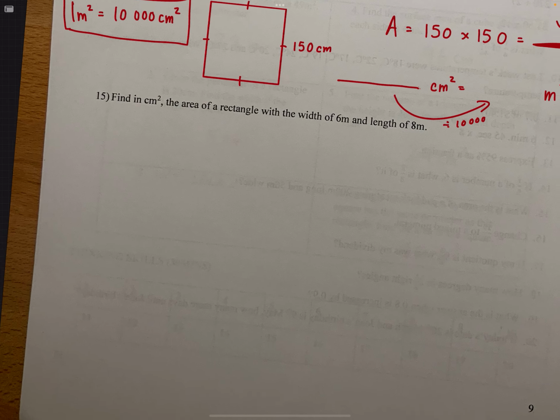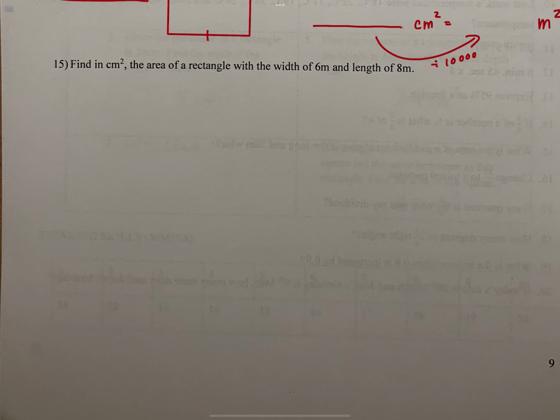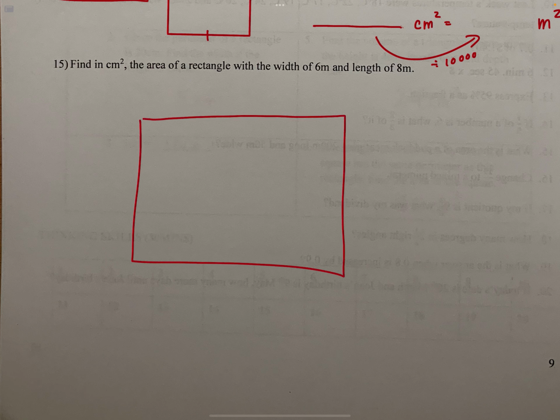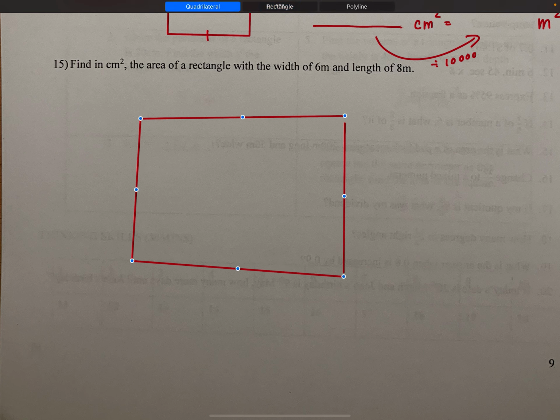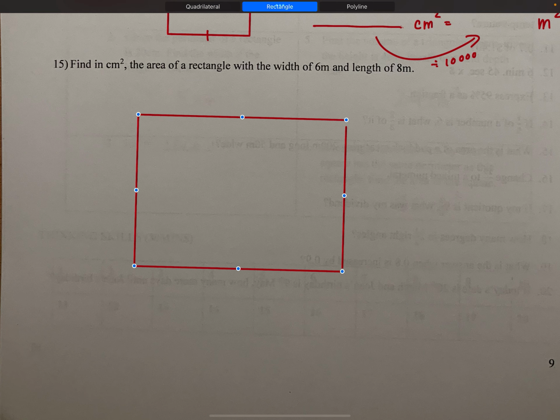Moving on to question 15. Find in centimeters squared the area of a rectangle with the width of 6 meters and a length of 8 meters. Let's draw a rectangle. Yes, got it. Great. Okay. Now it says this is 6 meters and this is 8 meters. Find in centimeters squared. So we need to find the area, but in centimeters squared this time.